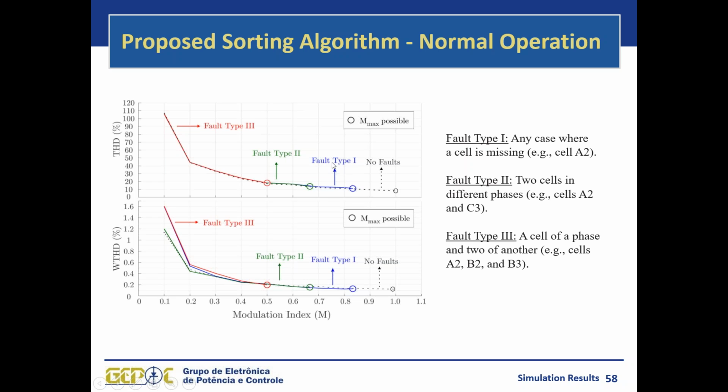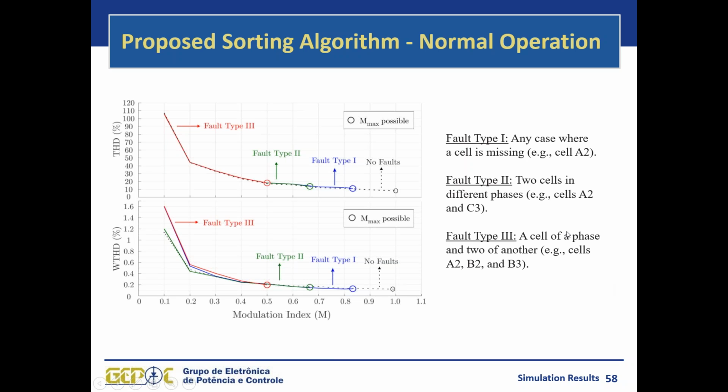Fault type 1 is when we have just one faulty cell on the converter. Fault type 2 is when we have two faulty cells in different phases, for example, one faulty cell in phase A and one in phase C. And fault type 3 is when we have one faulty cell in one phase and two on the other, for example, one in phase A and two on phase B. But we can also have different conditions.